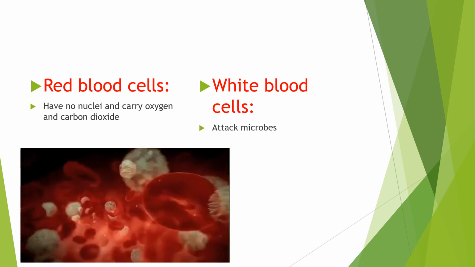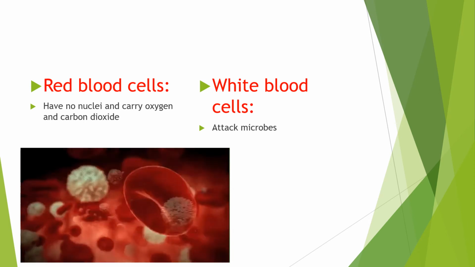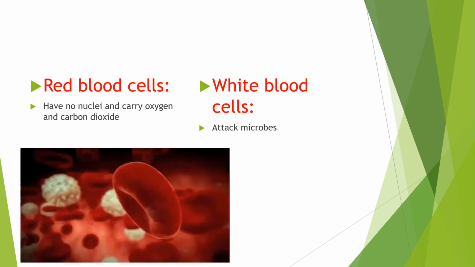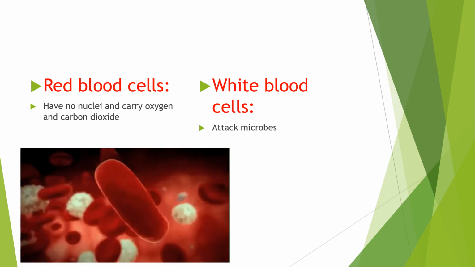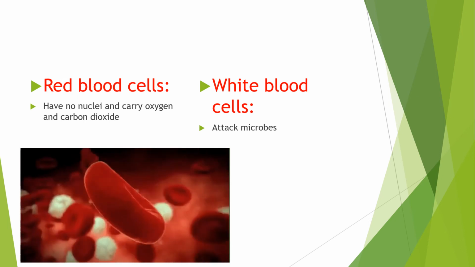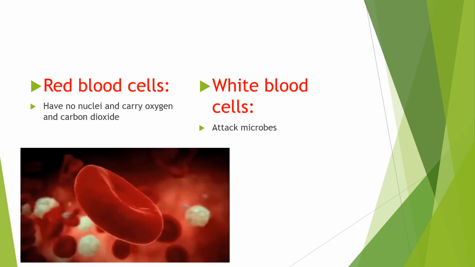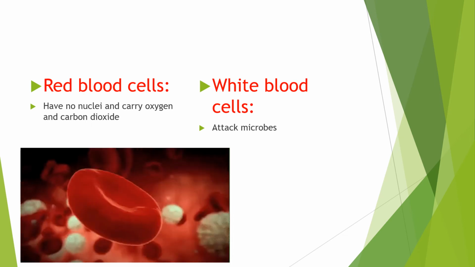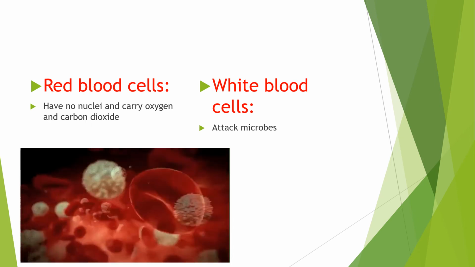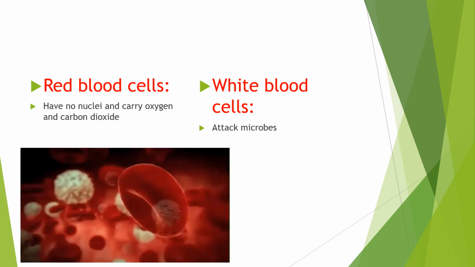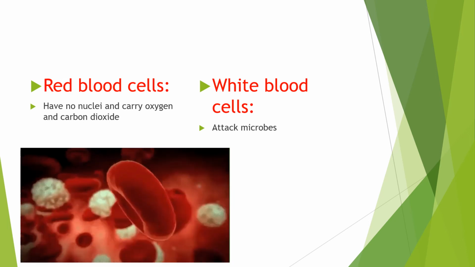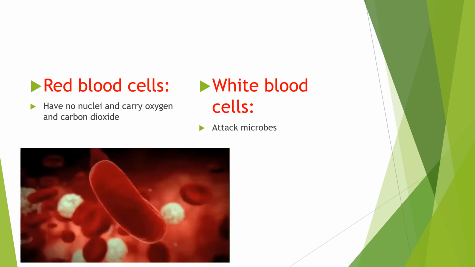The white blood cells, they attack microbes, so they are responsible for defending your body or immune system. So red blood cells are cells with no nuclei. They carry the oxygen and carbon dioxide throughout the body. White blood cells, they attack microbes.